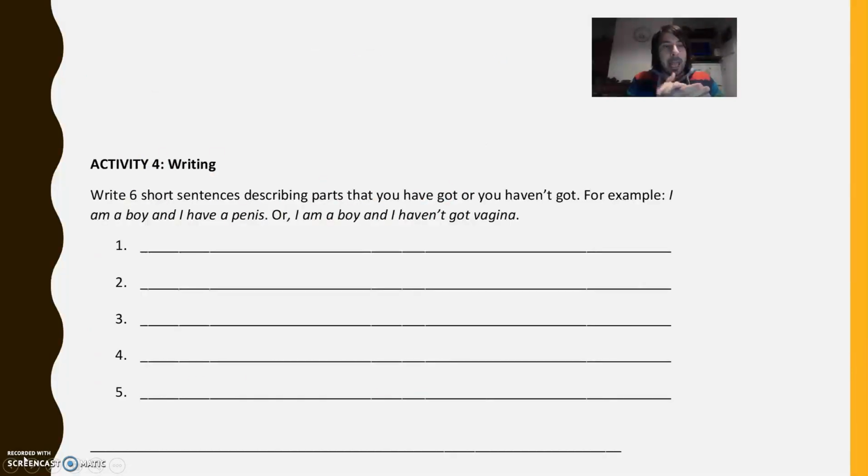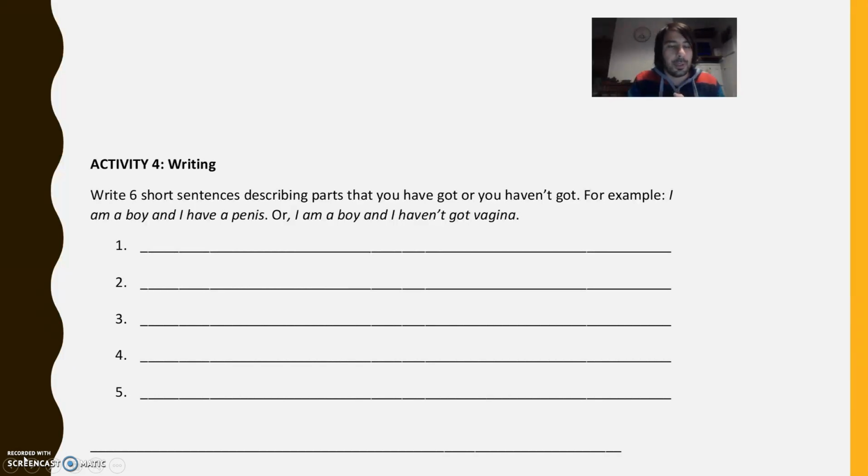Keep going, and we are now at the fourth activity. This activity is a writing activity that consists of writing six sentences describing what part or what physical change they have got or they haven't got.